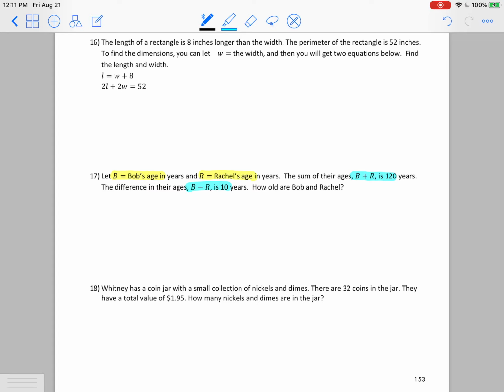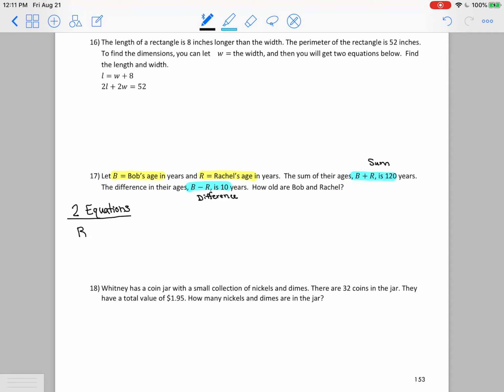I know I have to come up with those two equations or two categories. In this particular problem, I don't really even need to worry about the categories because it really helps me already. The two categories basically are a sum of their ages and a difference of their ages.